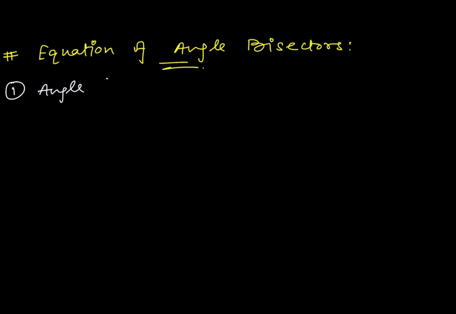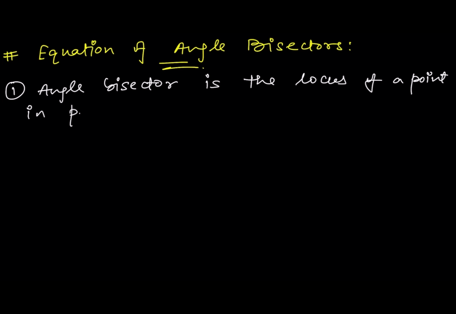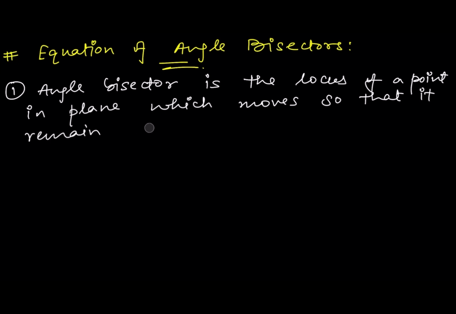Angle bisector is the locus of a point in a plane which moves so that it remains equidistant from the given lines.